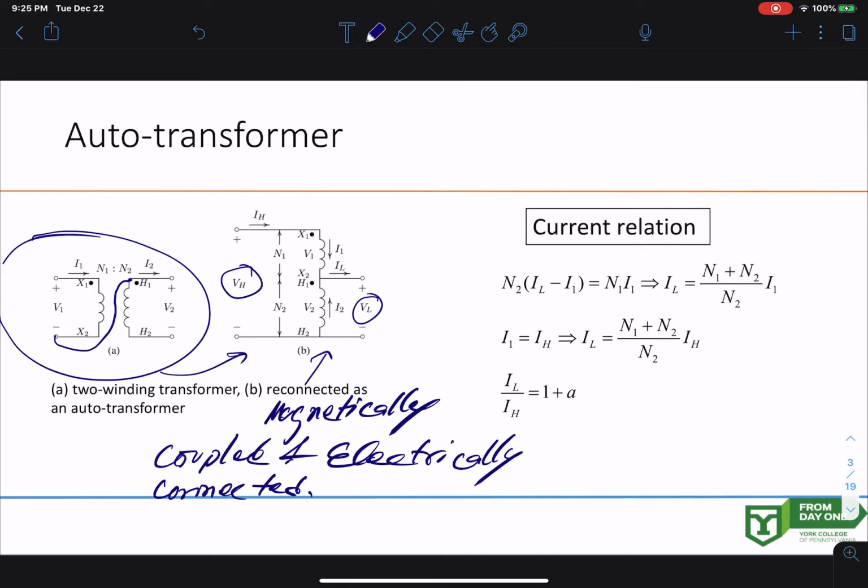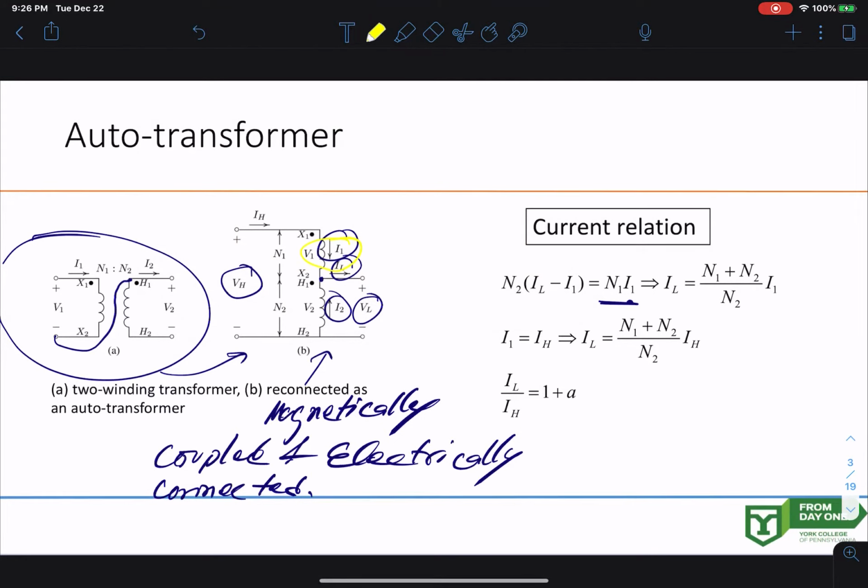For the current relation over here, I1 is coming in and I2 is also coming in at this node. So IL is basically adding both currents together, right? So if you look at this current over here, let's say N1 I1. So N1 I1 right here. Let's get a different color.